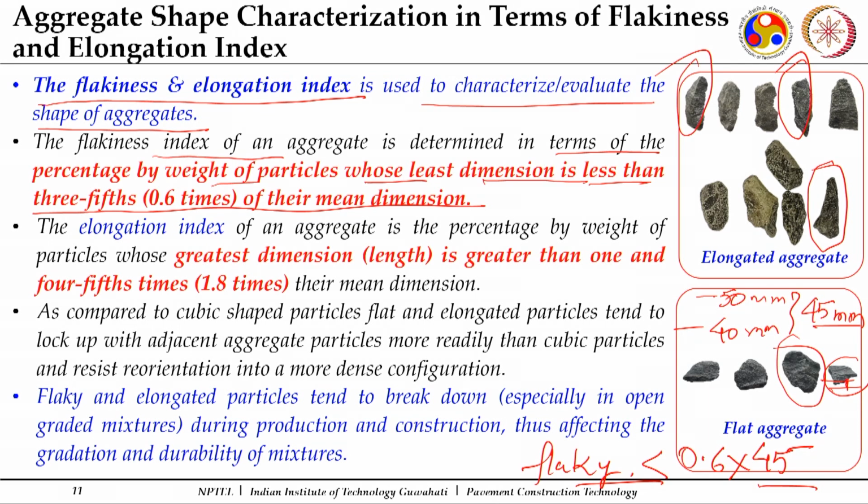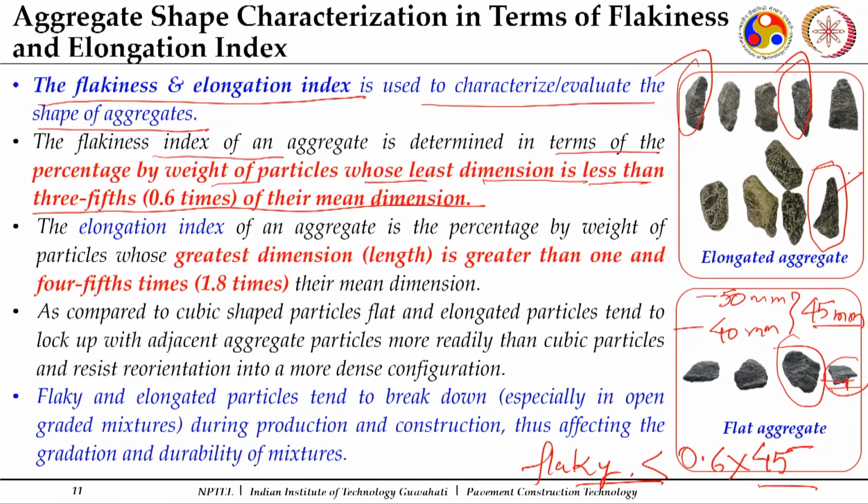The other says, when do you call an aggregate an elongated aggregate? Whether it will be called elongated or not, what I will first check is which sieve it is passing and on which sieve it is getting retained.